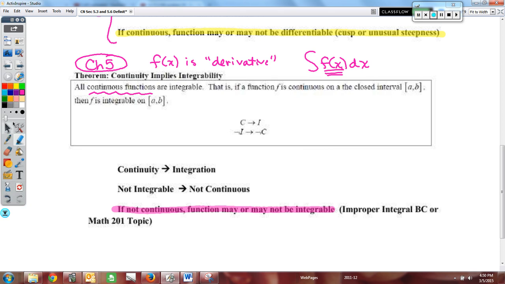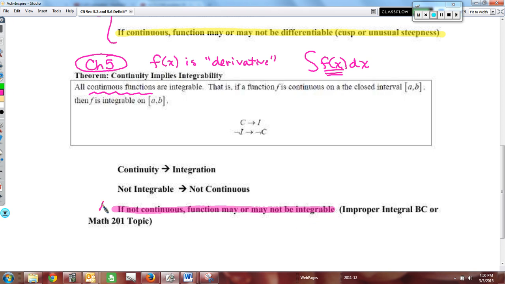Now, the nice thing for us is we're mentioning this, but we really only worry about this case in BC. You'll see it next year in Math 201, where you are going to start taking a look at the gray areas: if it is not continuous, can I integrate it, and how do I figure out whether or not I can integrate and get an antiderivative?